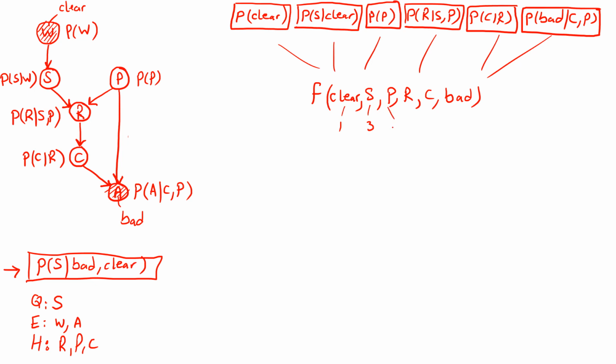So P is how many? 4. Why is it 4? It's NP. And R? NP as well. How about C? And how about bad? Minus 1. Very good. So what is the size then? Yeah, multiplication. Very good. So that will give us 18 NP square.